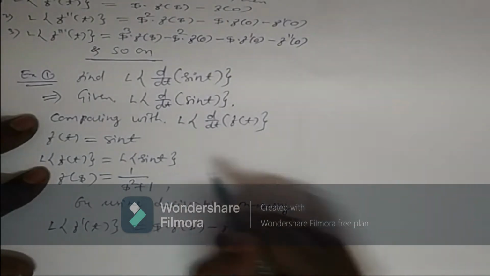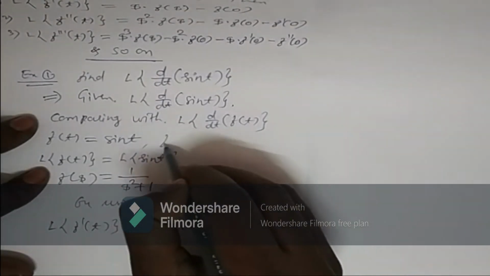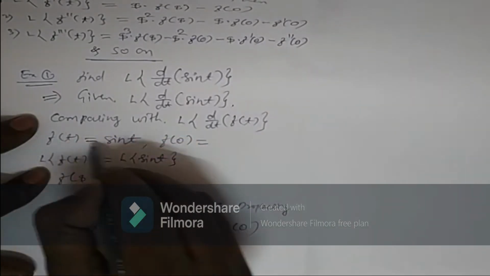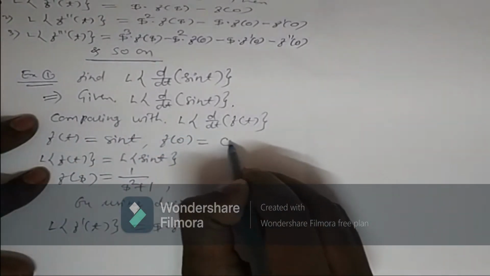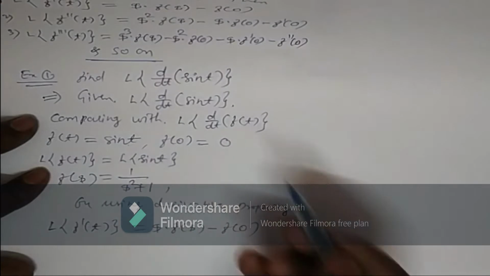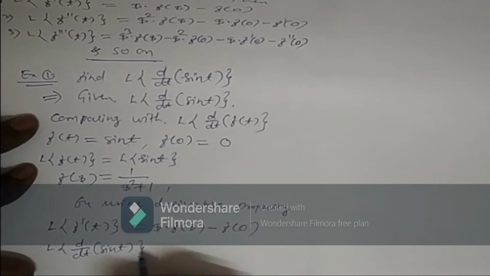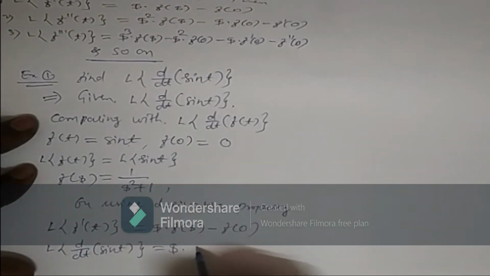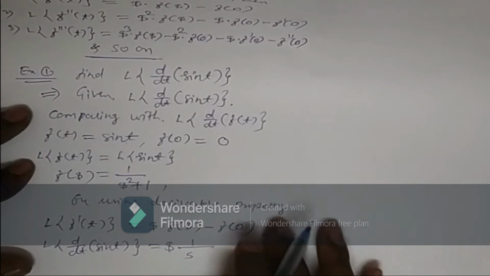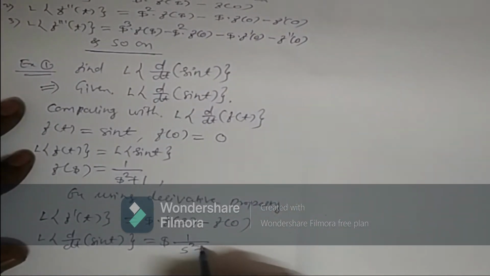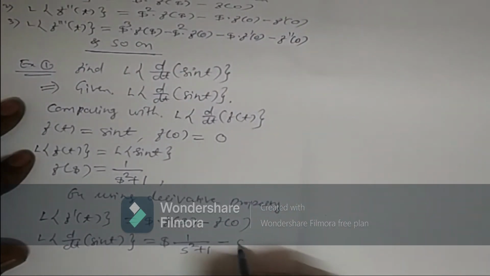Here f(t) is equal to sin t, so what is f(0)? f(0) is equal to sin 0, that is 0. So now Laplace transform of d/dt of sin t can be written as s into F(s), which is 1 upon s² plus 1, minus 0.